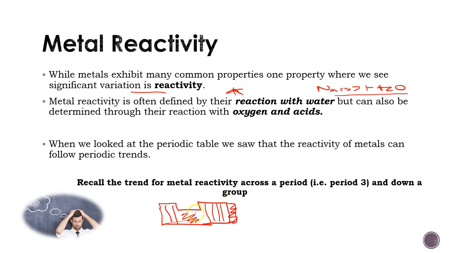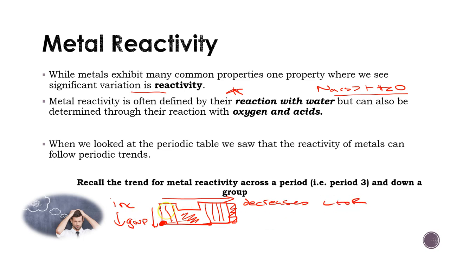Okay, so metal reactivity, you may remember, increases down a group. So they're more reactive down here where we have cesium and francium, and decreases as we move from left to right.